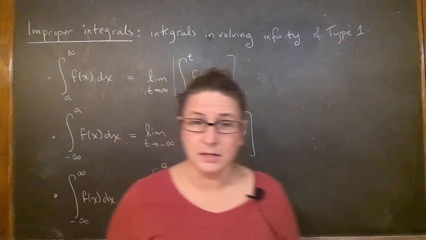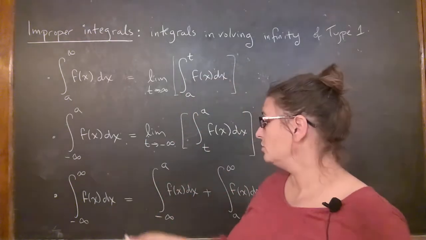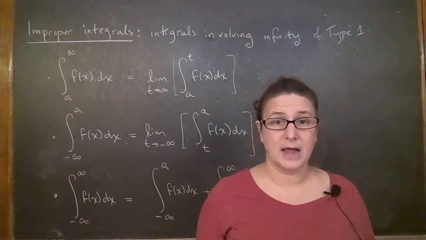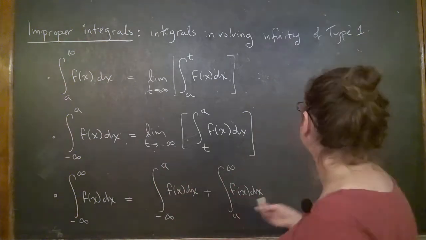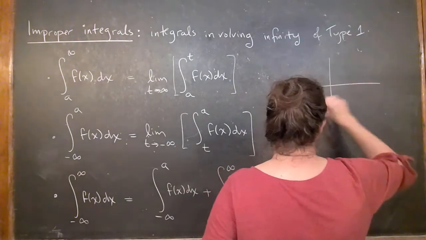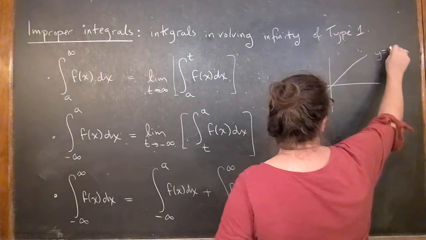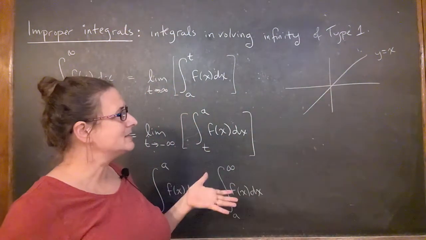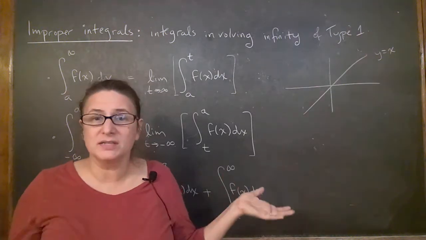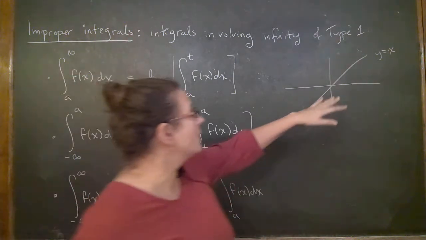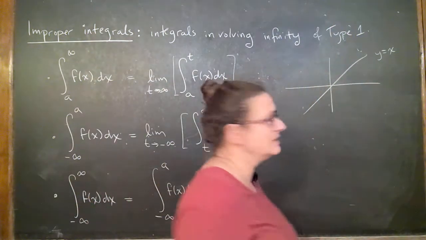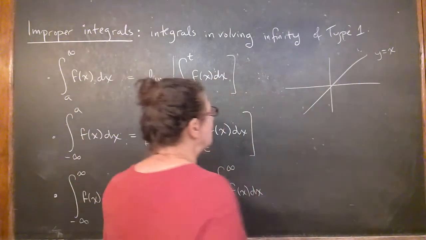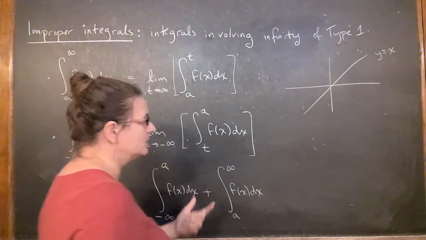The reason is that if you just do it from minus t to t, it might be something that cancels out. Let me give you a really simple example. What if I look at y equals x? If I'm asking what's the area under that, this is going to diverge, because it goes off to infinity. There's no way I'm going to get any area from that. But if I don't break it up, look what happens.